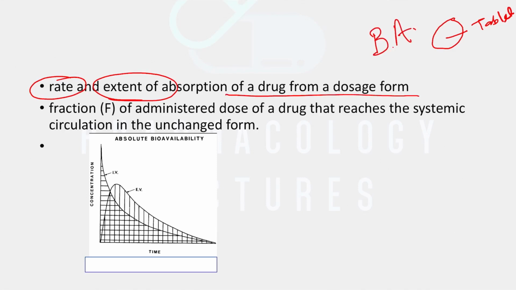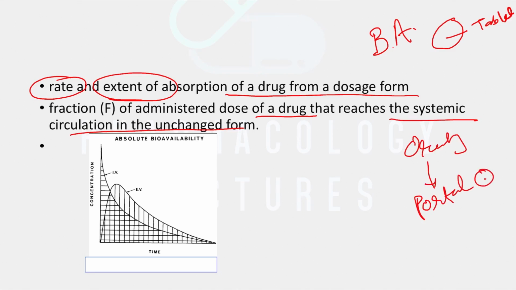So it is the fraction of an administered dose of a drug that reaches the systemic circulation in unchanged form. Now why is this important? Because if we introduce a drug orally, first it gets exposed through the portal circulation to the liver, and in the liver there is a mechanism called the first pass effect.